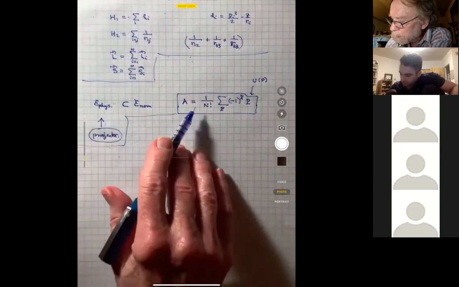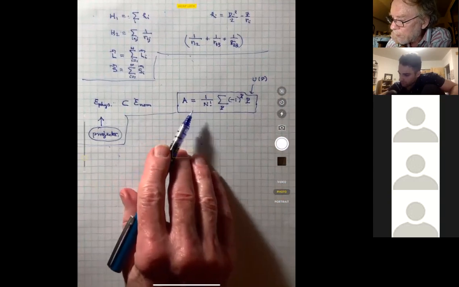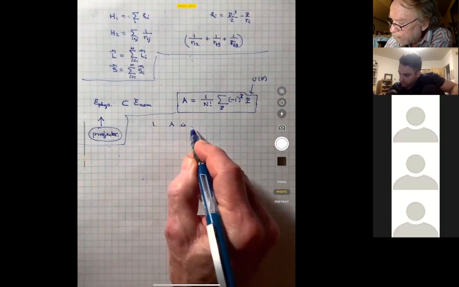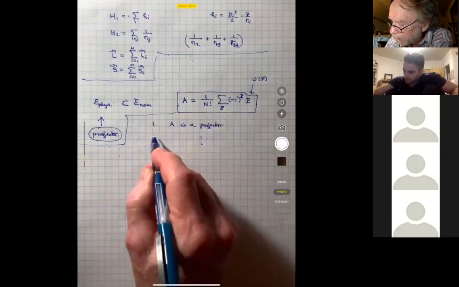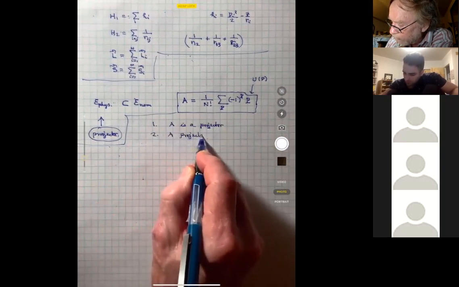Now, this is actually quite a useful object, and I'd like to prove some of the statements I've made about it. So there are a couple of things I want to prove here. One is that A is a projector, and that's the first thing to say. And then the second one is to say that A projects onto E physical.